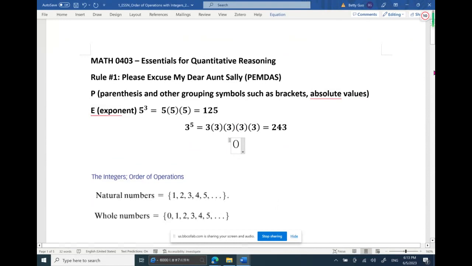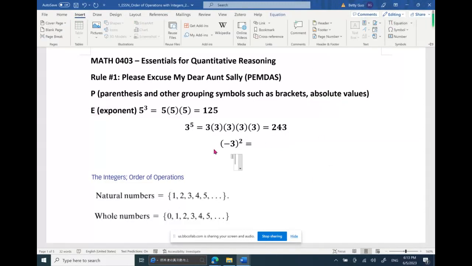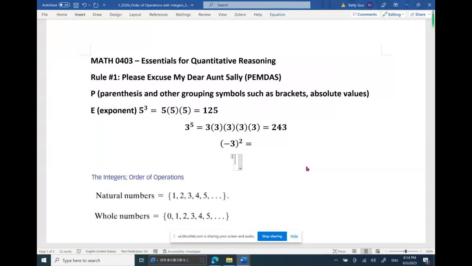In the parentheses, I have negative 3, and we raise negative 3 to the power of 2. Another expression looks very similar, but it's different. It is negative 3 to the power of 2, without the parentheses.